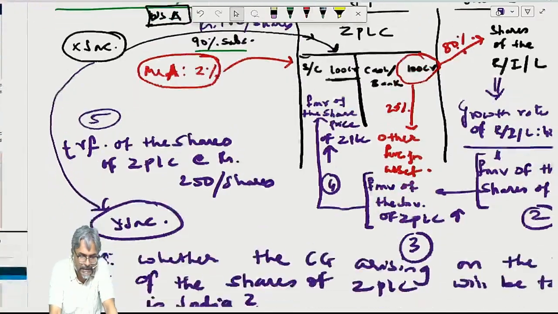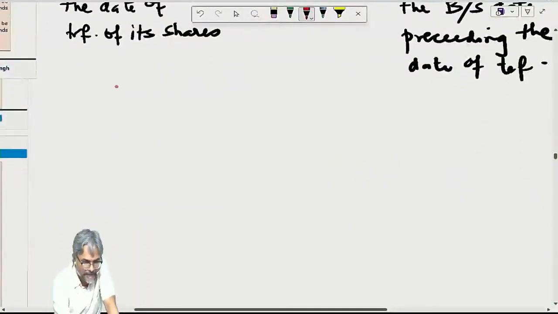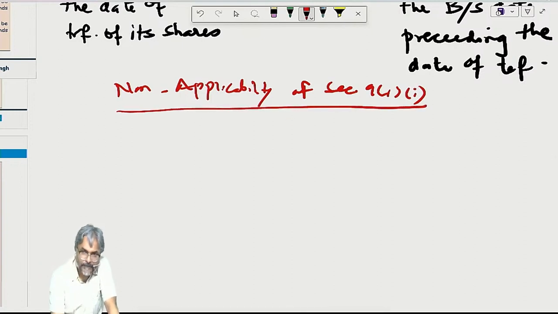And therefore, students, just write over here once you are done with this, non-applicability of section 9(1)(i).